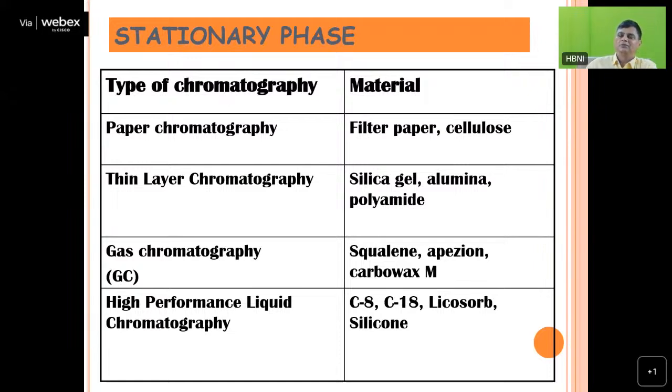In thin layer chromatography, we use silica gel, alumina and polyamide, because generally you can coat the glass plate with silica gel or make a column of silica gel, alumina or polyamide. In gas chromatography, we can use various liquid phases. In high performance liquid chromatography, there are various columns basically. Some of the column materials I have written are C8, C18, Lichrosorb and silicones.